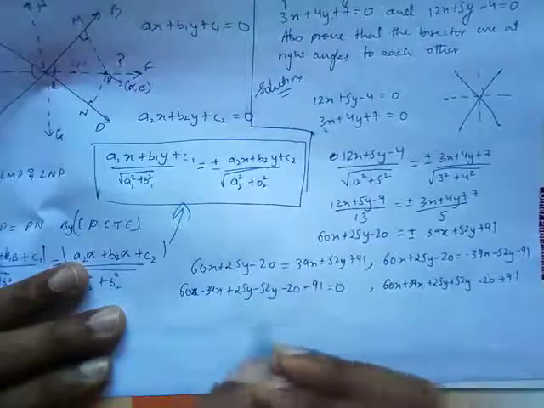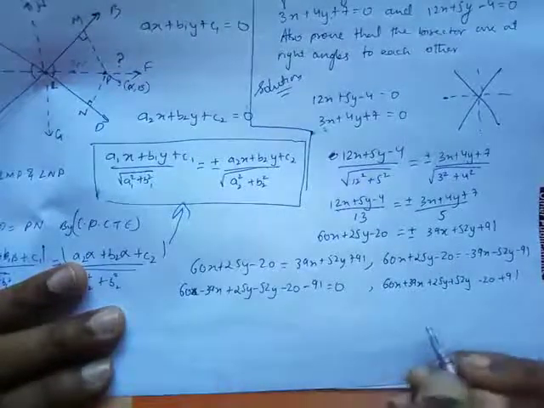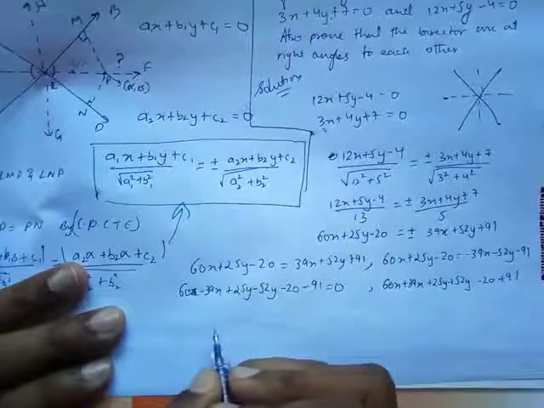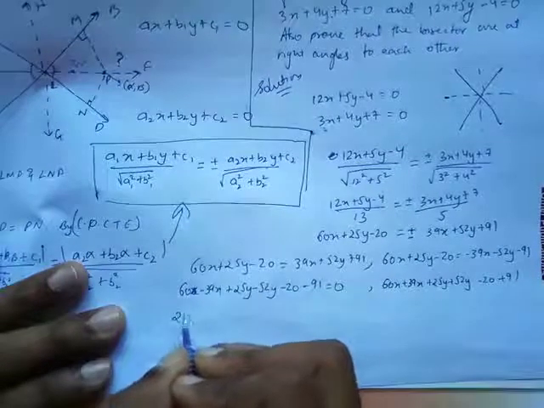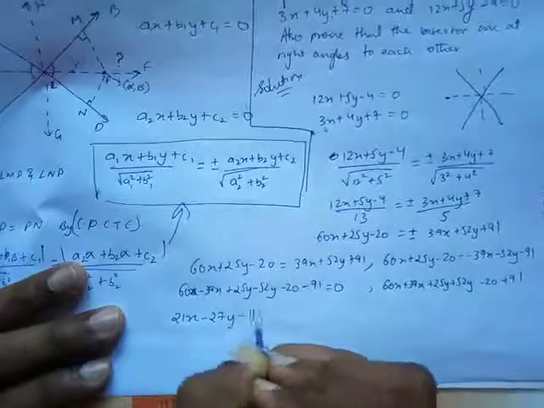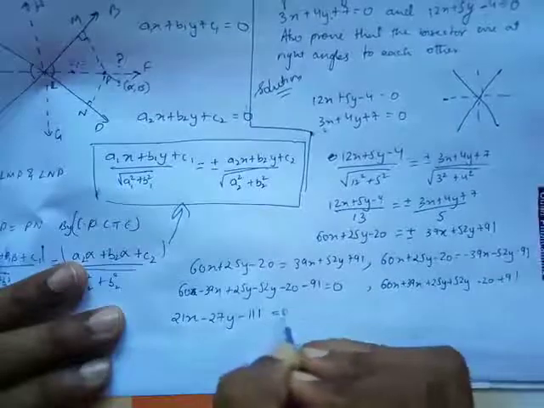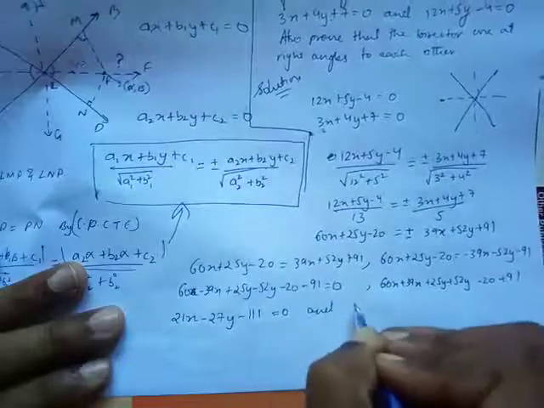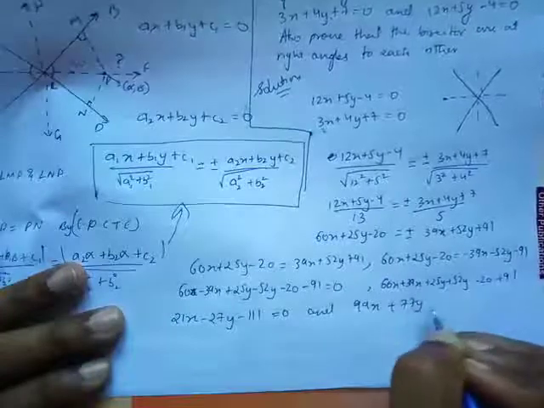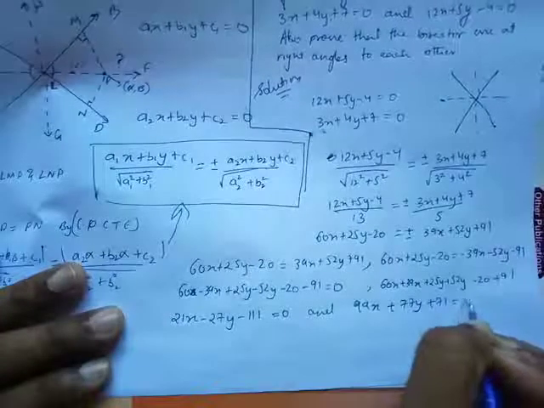So this is going to give me one equation, and this is going to give me a totally different equation. What are these equations going to be? This is going to be 21x minus 27y minus 111 equals 0. And the other equation is going to be 99x plus 77y plus 71 equals 0.